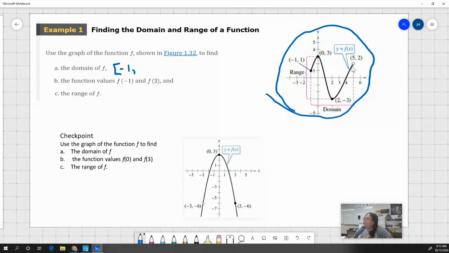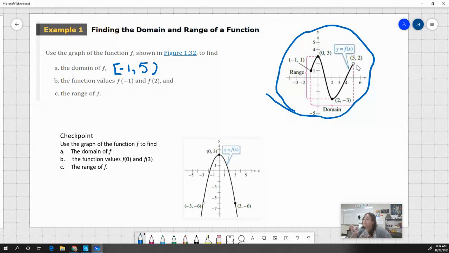And it goes all the way to 5. So I'm going to put 5 in here, but then we're just going to put a parentheses. We can't put a closed bracket because it doesn't actually include 5. And if you remember, that open circle means that number is not included. It'll go all the way up to 5, but it doesn't actually include 5. So that's how we would show the domain of f, right? It runs from -1 and includes -1, and it goes all the way up to 5, but does not include 5.